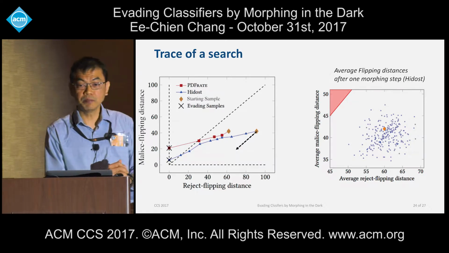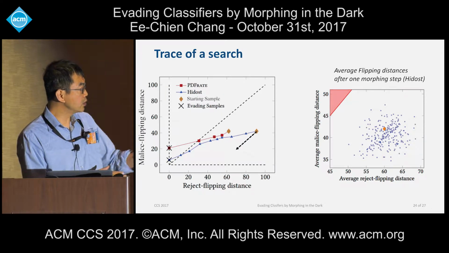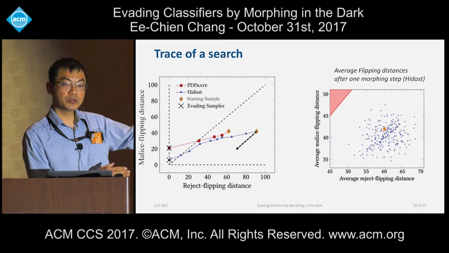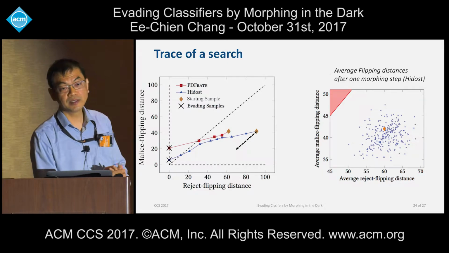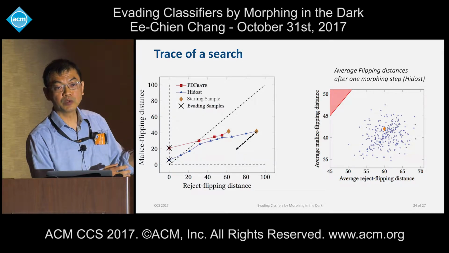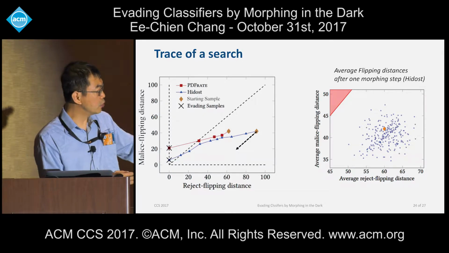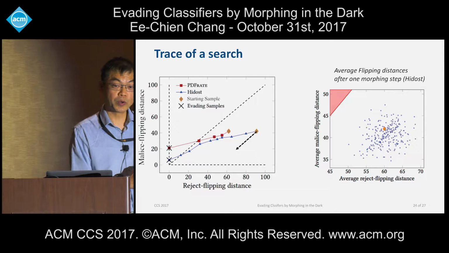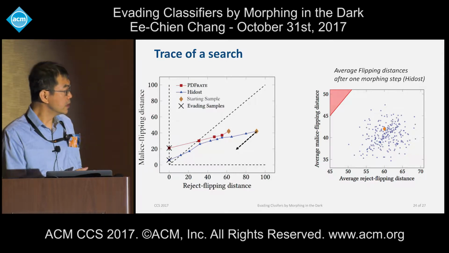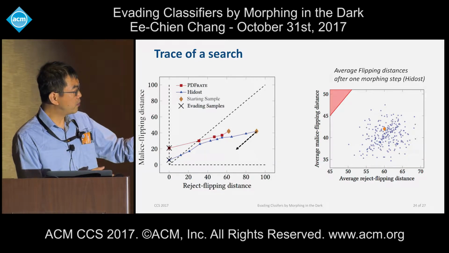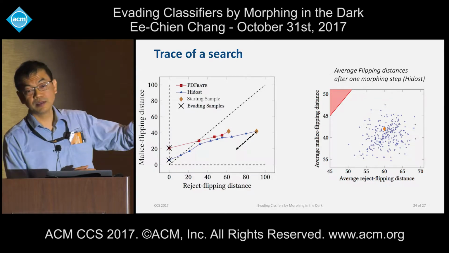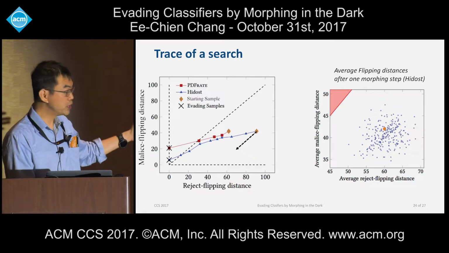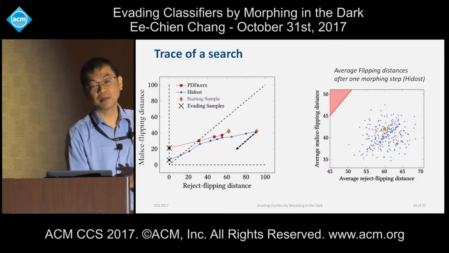For the red line, we use 4 iterations to hit evading samples. For a sample to be evading, the reject flipping distance has to be 0. And for the blue line, it takes about 8 iterations to hit evading samples.